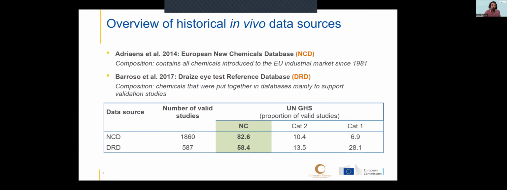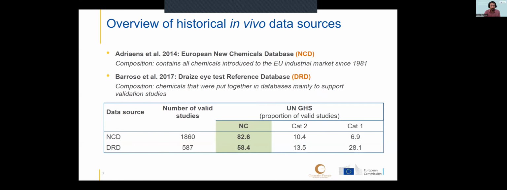So our work focused on two main databases, namely the European New Chemicals Database, which contained all chemicals introduced in the EU industrial market between 1981 and the entry into force of the REACH legislation, and the Draize Test Reference Database, or the DRD, which pulled together all chemical lists that had been created to support validation studies.